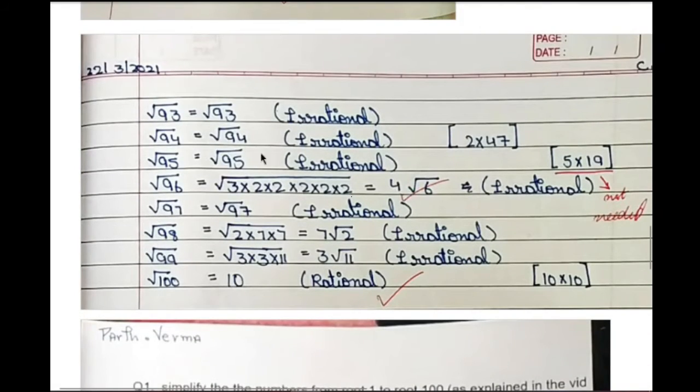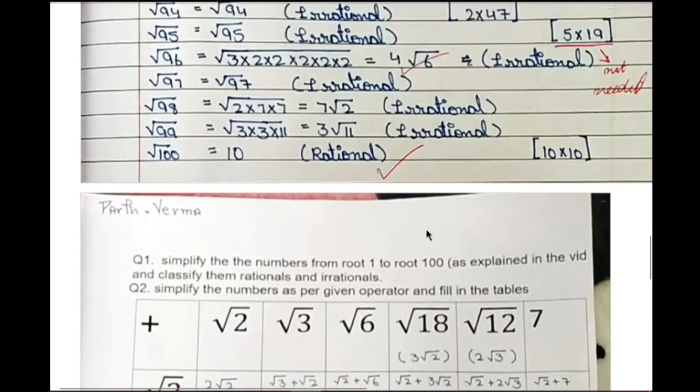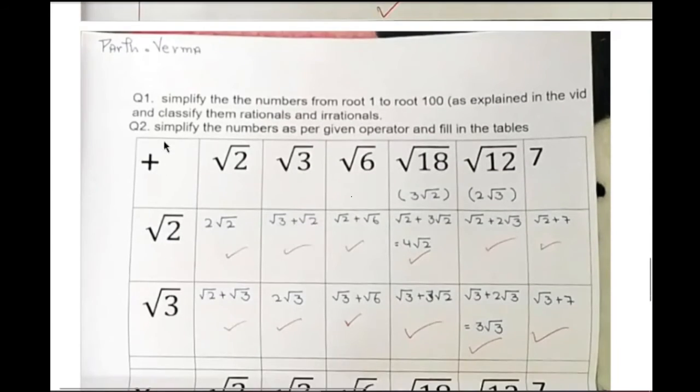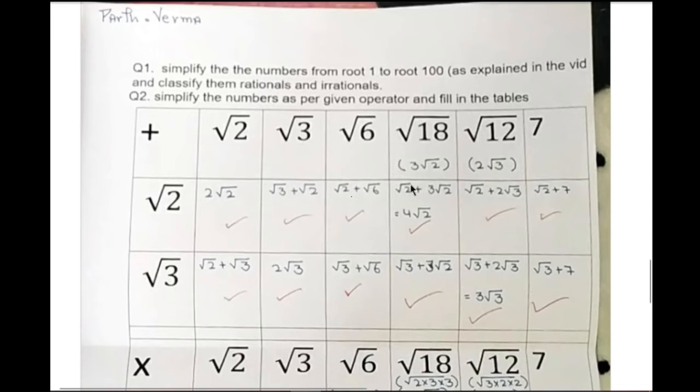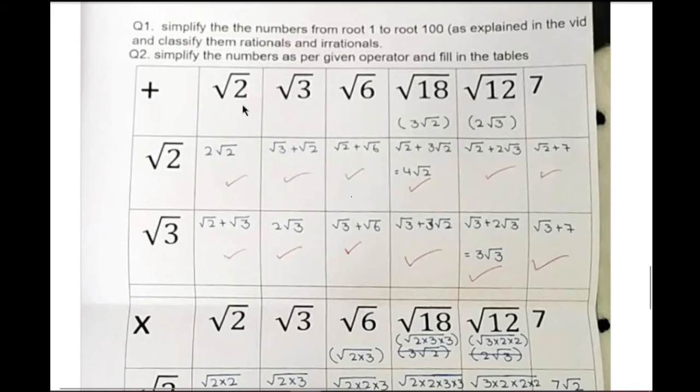So this was all about simplifying irrationals. Now coming over to question 2, filling up this table. These are irrationals and you have to add them. As I explained in the resource video, whenever you have to operate on two irrationals, the irrationals should be in simplified form.